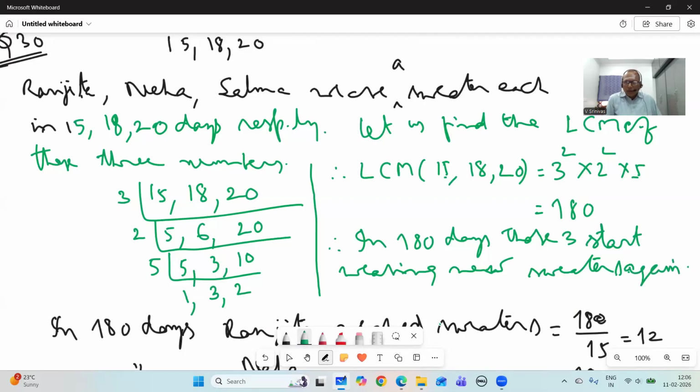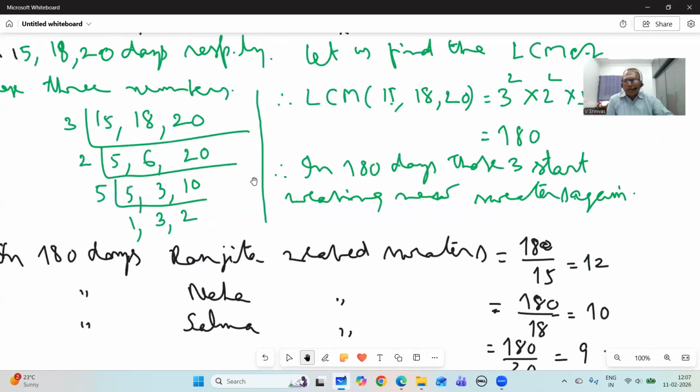Okay. Now, the other part of the question is that in these many days, how many sweaters they would have weaved individually. Okay. So for that, what we have to do? You have to divide 180 by the time they take individually. In all, this is 180 days. In 15 days they weave one sweater. So in these many days, this by this is equal to that many sweaters they weave. Okay, so that is 12 for Ranjita.